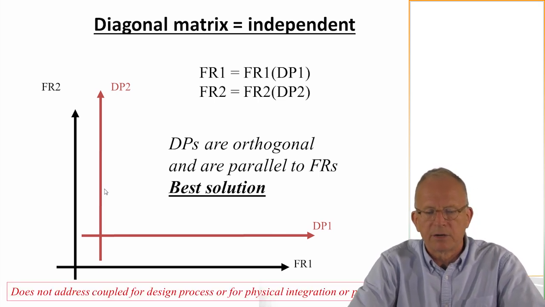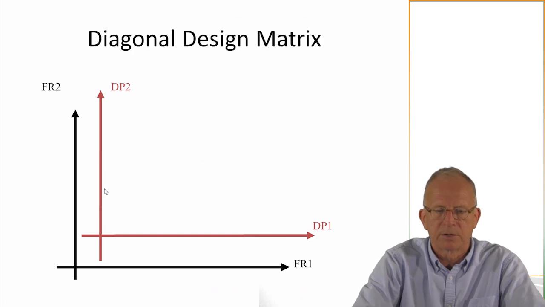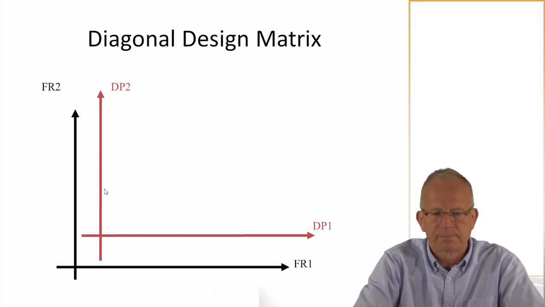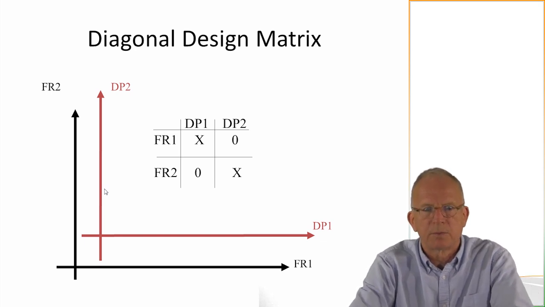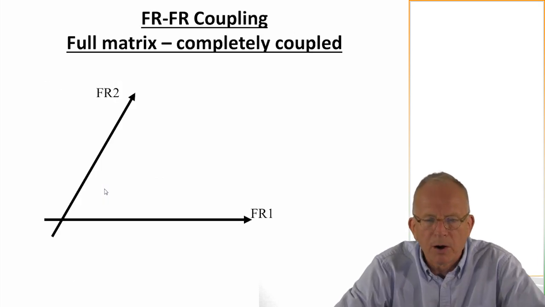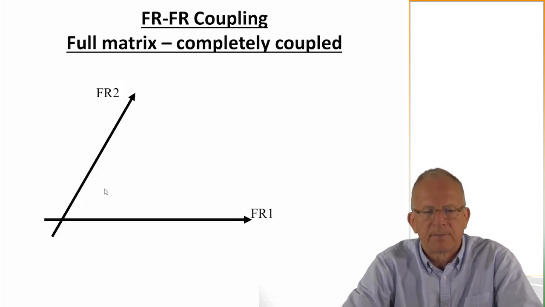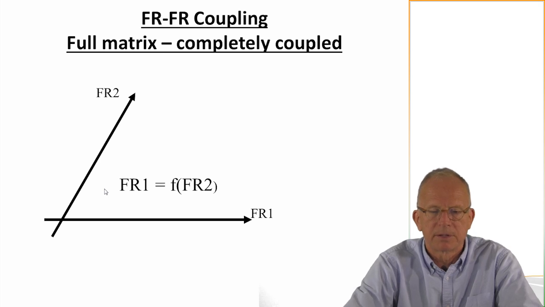Now this does not address design when we're looking at physical integration or processing, and those will be addressed later. So here's the diagonal matrix that results when the axes are aligned this way. Now suppose that we've got non-orthogonal FR axes. Then we have FR-FR coupling, and we end up with a full matrix that's completely coupled.